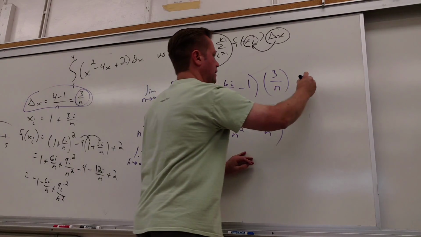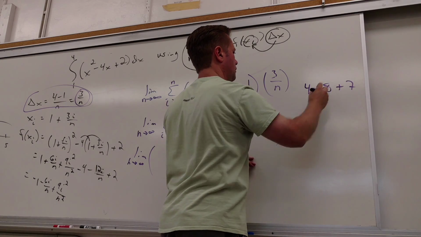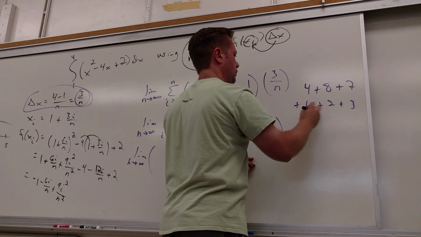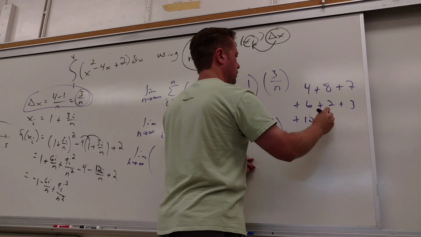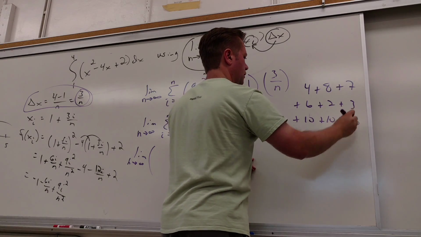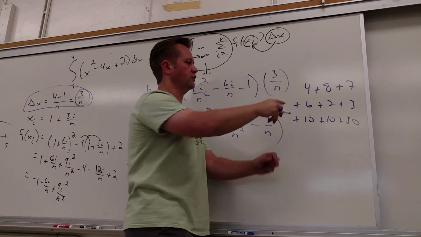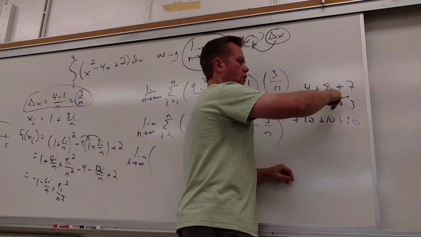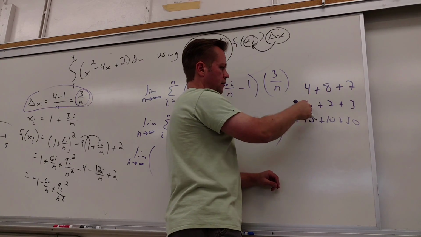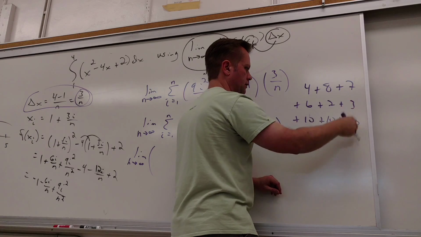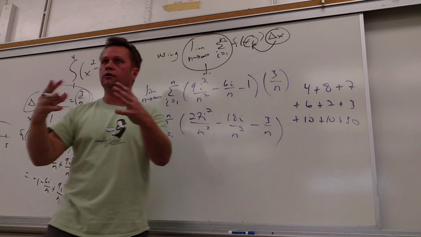So what I'm saying is if I had to add 4 plus 8 plus 7 plus 6 plus 2 plus 3 plus 10 plus 10 plus 30, and so on, I don't have to do 4 plus 8 is 12, plus 7. I can do 4 and 6 and 10, 8 and 2 and 10, 7 and 3 and 10, and 30, and then add those all together, right?